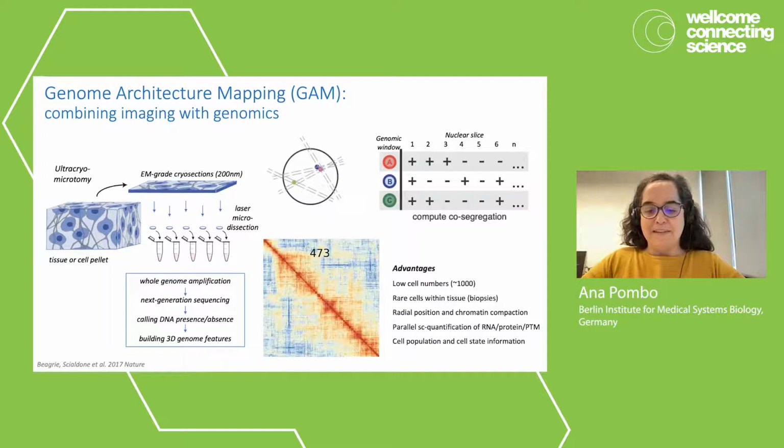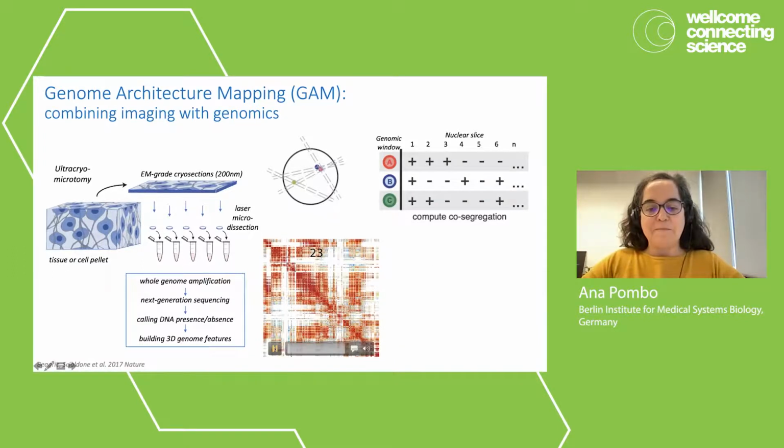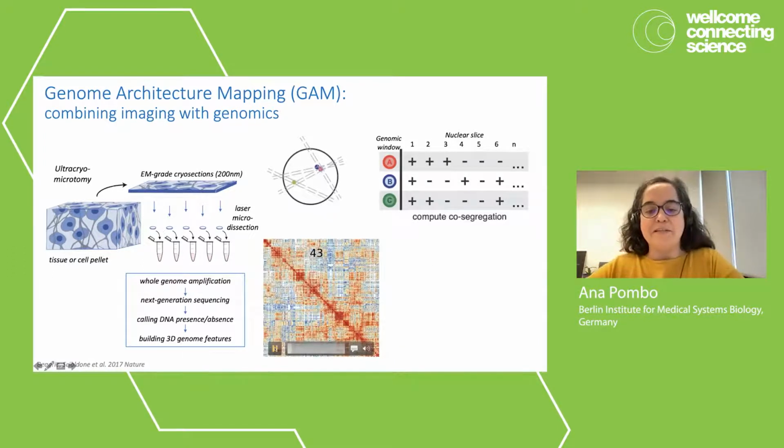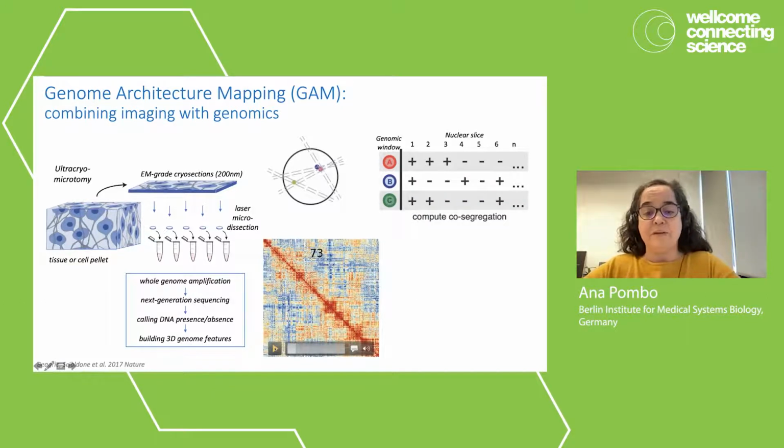Oops, I clicked in the wrong place. So now let's say 53, 63, and you see that the patterns are refining. Most windows are now occupied with events where the two genomic regions, even though very far apart, are statistically sampled in the same slice.